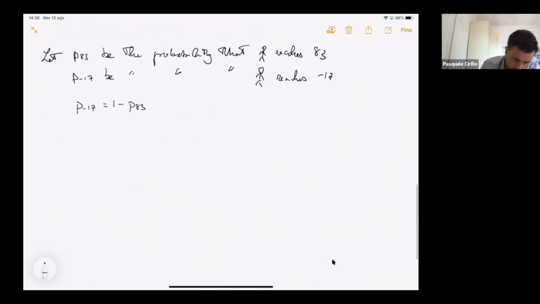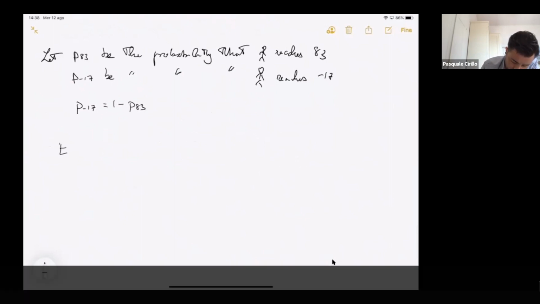Okay, now let's use the following. What is then the expectation of Sn?